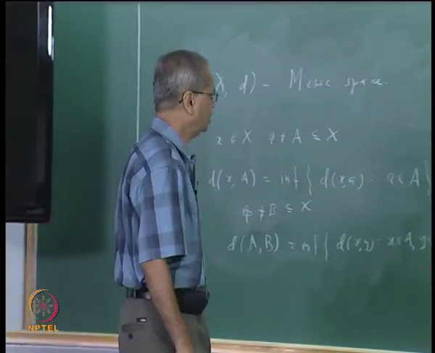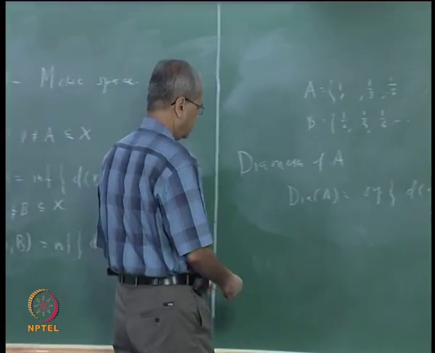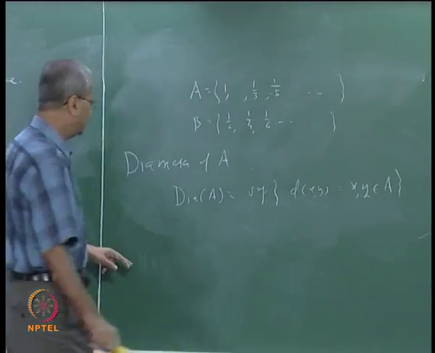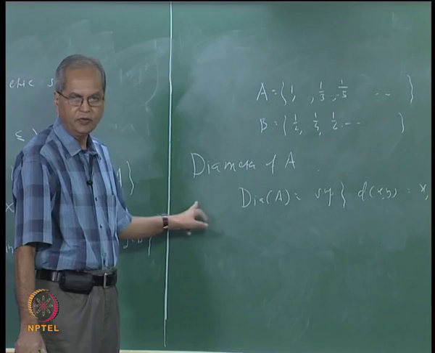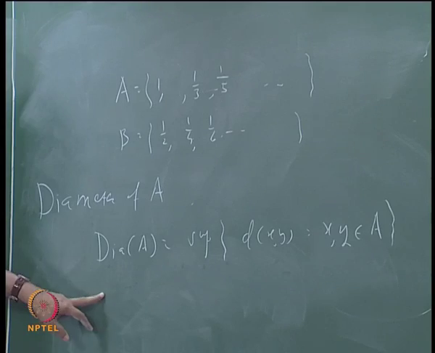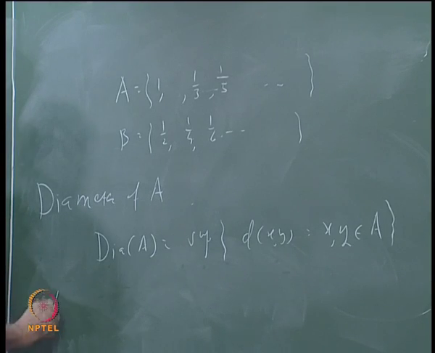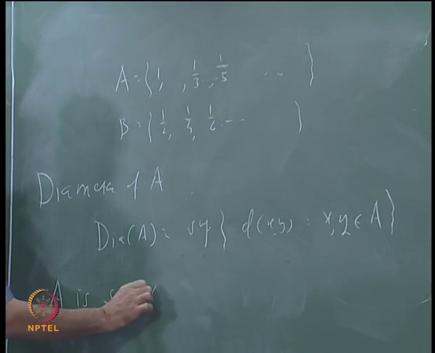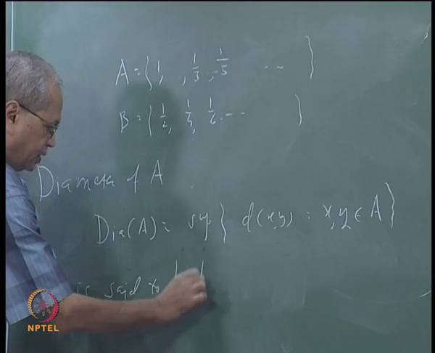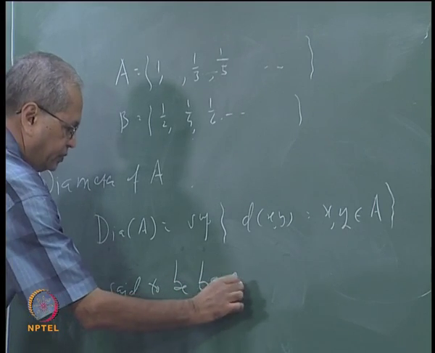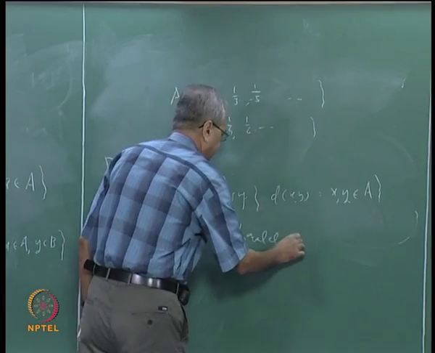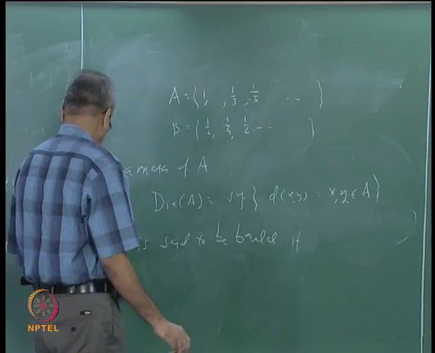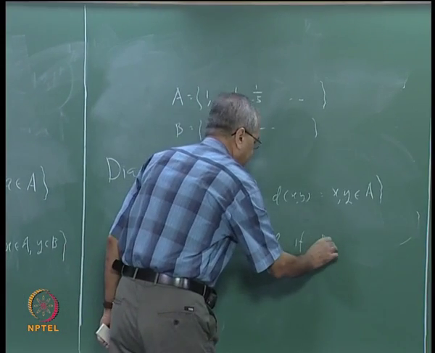And now an important definition: we will say that the set A is bounded if the diameter is finite. So A is said to be bounded if the diameter of A is a finite real number.